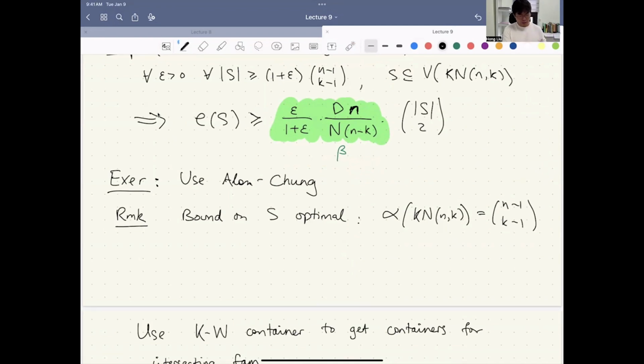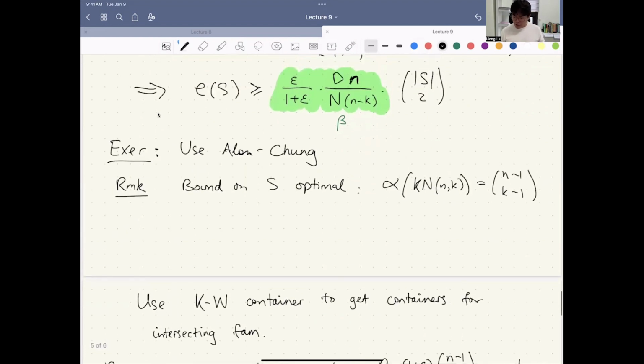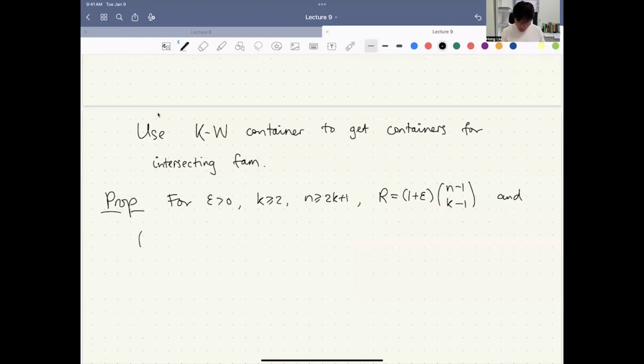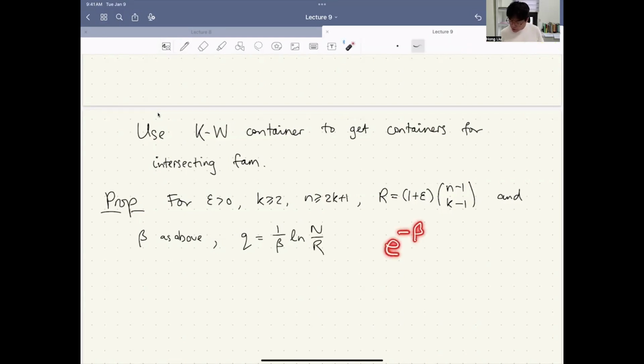Okay, that's our beta. Essentially, given this beta, we're going to choose Q. Beta is above. And Q, we're going to set it to be 1 over beta natural log of n over r, so that we have this inequality times n is at most r.